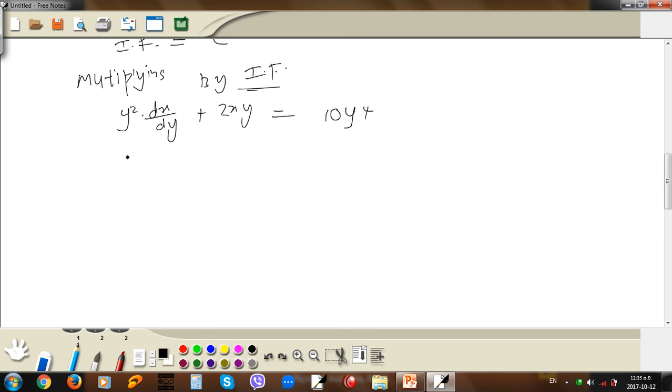Then we can write this as d over dy of y squared times x equals 10y to the power 4.